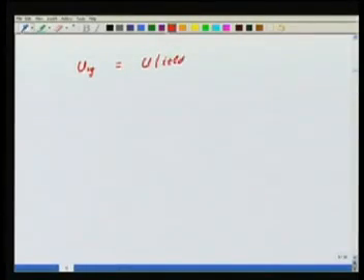u ig is equal to the ILDOFs for the element k, 1 plus I, going from 0 to p plus 1.